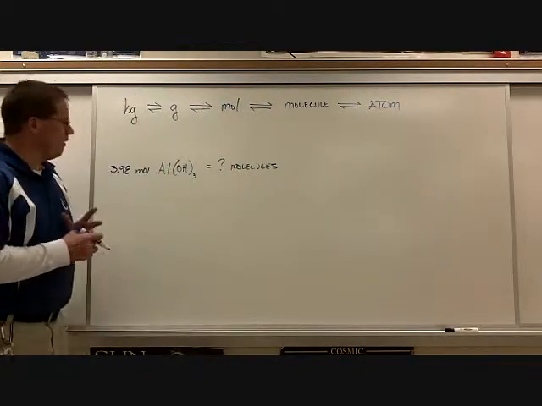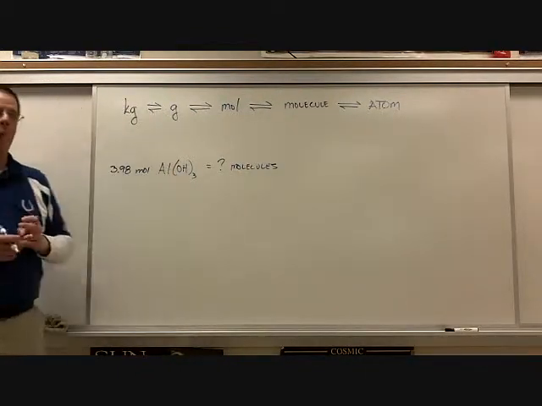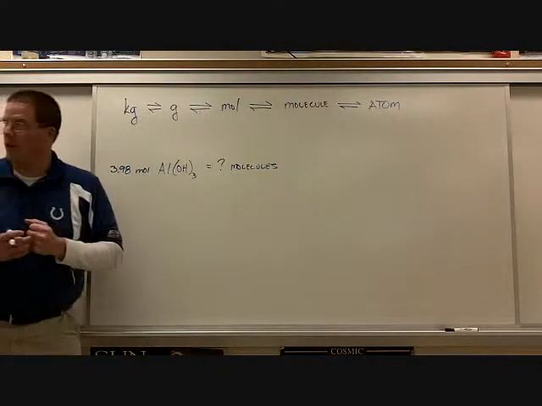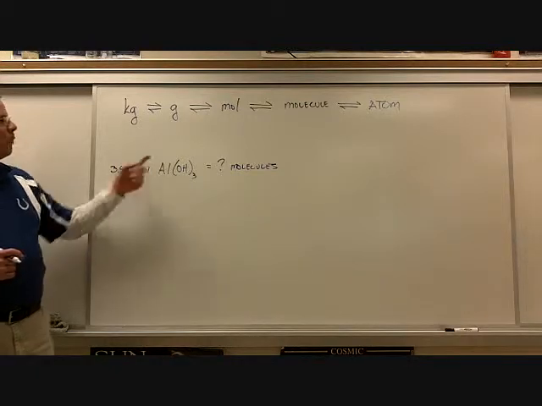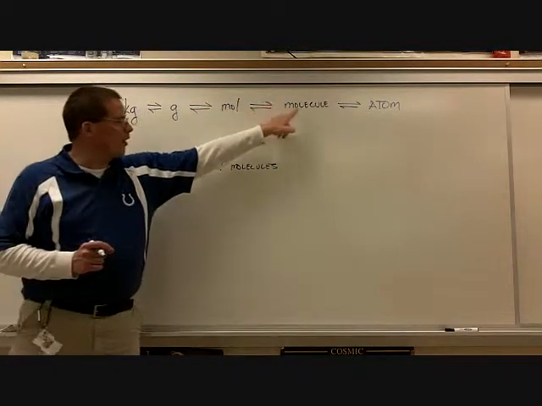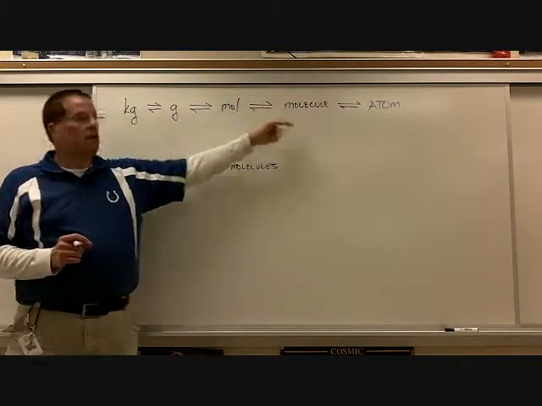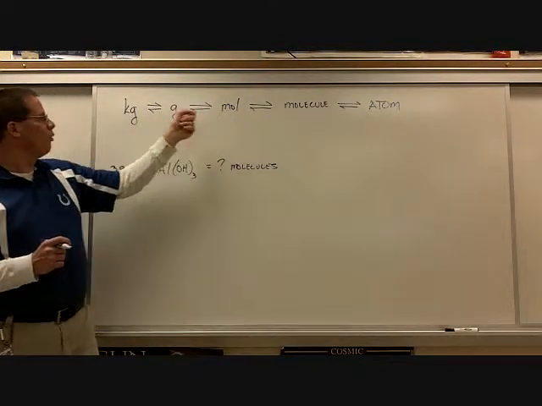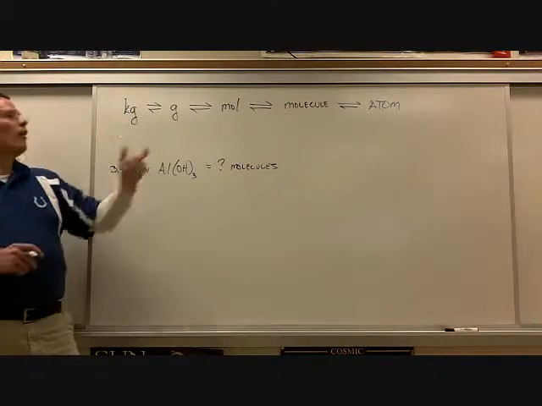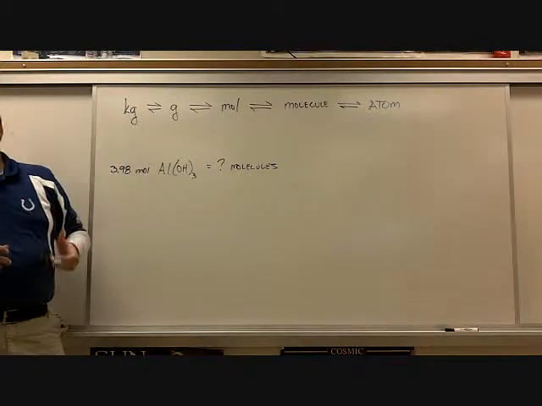Sometimes students feel that they need to find the number of grams, but you don't need to, because if we start here and we're going to find the number of molecules, you don't need to find the number of grams. Sometimes I might give you the moles and ask you how many kilograms that is, then that's the sequence that we'll go.